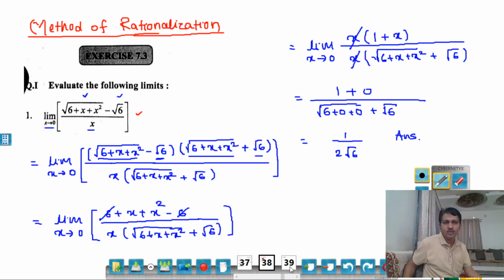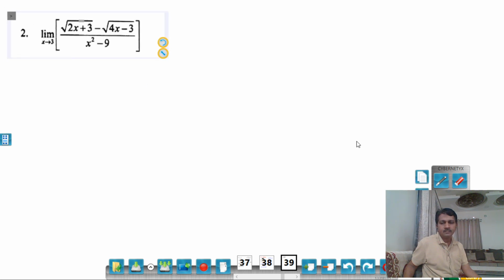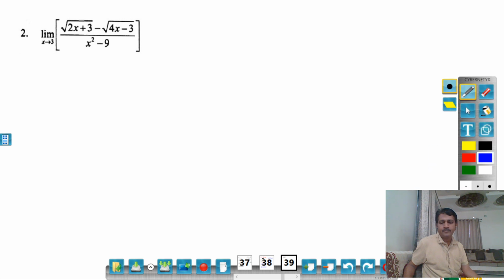Okay, now let us move further for the next example. Exactly same problem. You have to rationalize the numerator. First of all, rationalize the numerator, because the denominator is becoming 0, numerator is also becoming 0, so you should go for the rationalization.